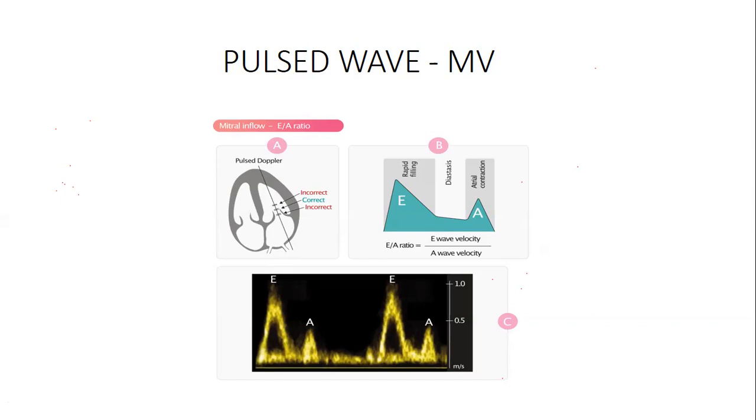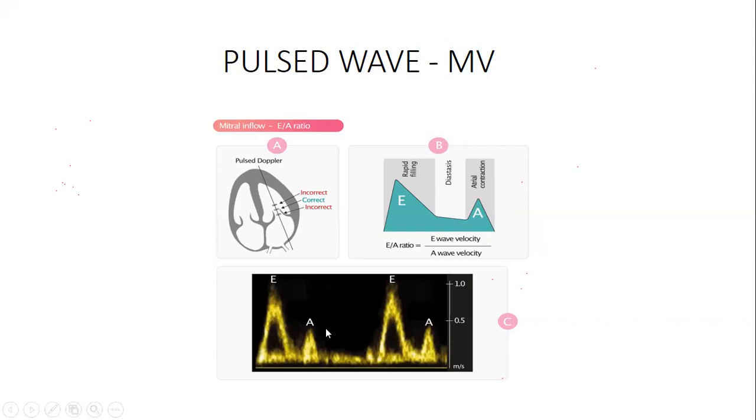So the E is from the 4 diastolic phases, the early phase. Remember, I said there are 4. The isovolumetric phase, the rapid filling, which is also called the E, the isovolumetric, and last, the atrial kick or the atrial contraction. We don't see the whole 4 phases.